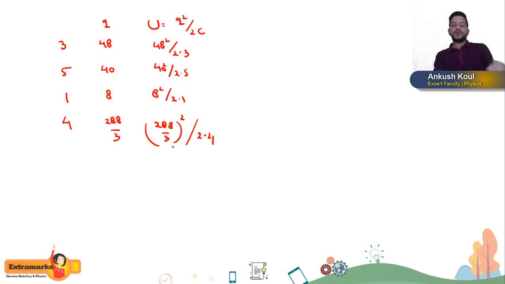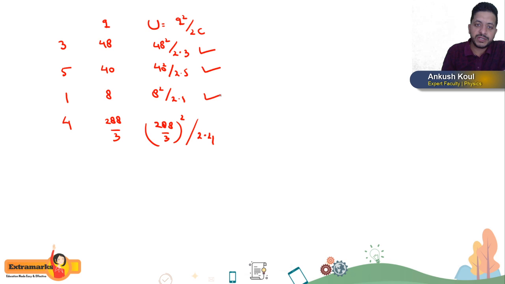So not only the energy stored in one particular capacitor, but by these calculations you can find the energy stored in each and every capacitor of this particular circuit. There are other formulae to find the energy of any capacitor. Other formulae include those in terms of capacitance and potential.